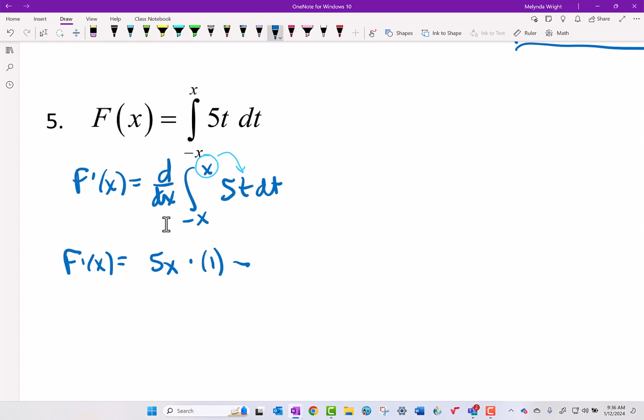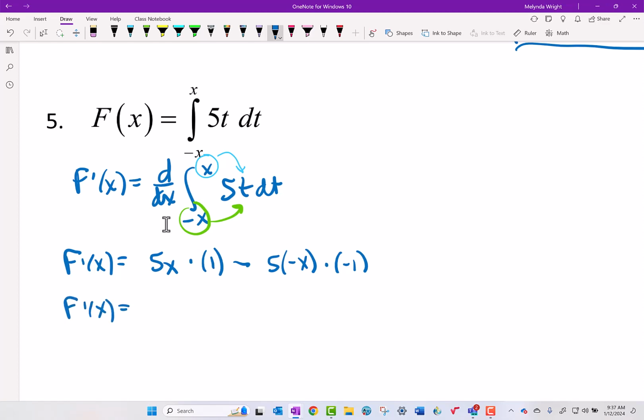Now I'm going to take this one and slide it in. So it is 5 times negative x times, now the derivative, this is not a regular old x, I have to change that one. The derivative of negative x is negative 1. Now it's a matter of cleaning this up.